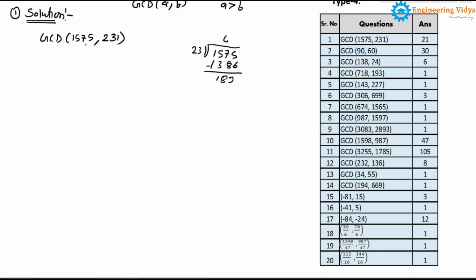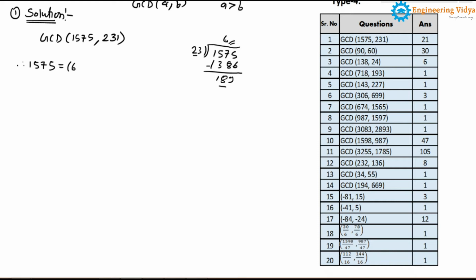Therefore 1575 can be written as 6 multiplied by 231. Always remember that this is called the dividend, this is the remainder, and this is the divisor.